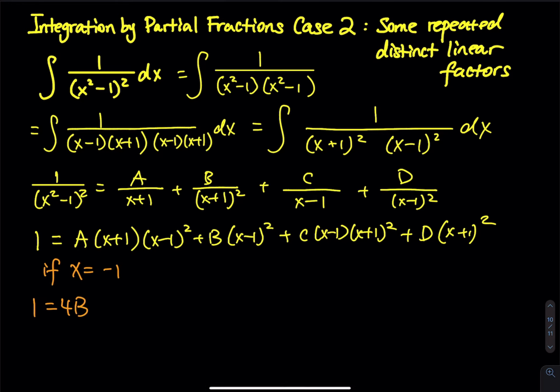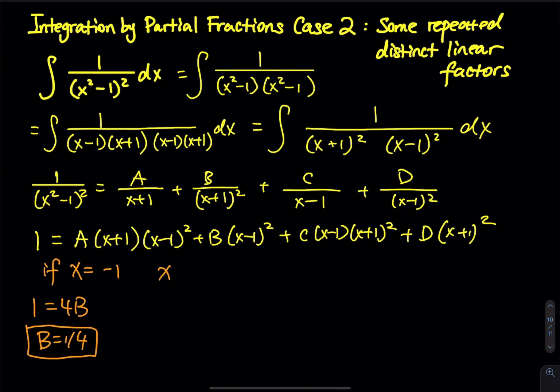And then for C, when x is equal to -1, the x plus 1 makes everything 0. And then for D, the x plus 1 makes everything 0. So 1 is equal to 4B, and B is equal to 1/4. I just got this without any system or any equating coefficients.